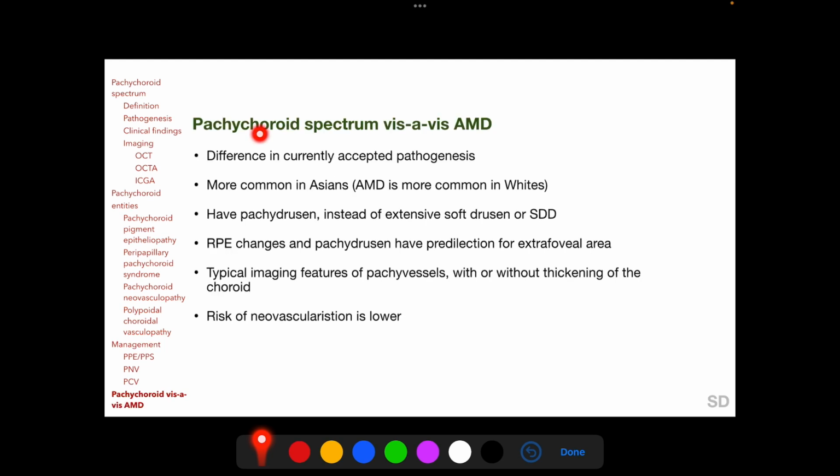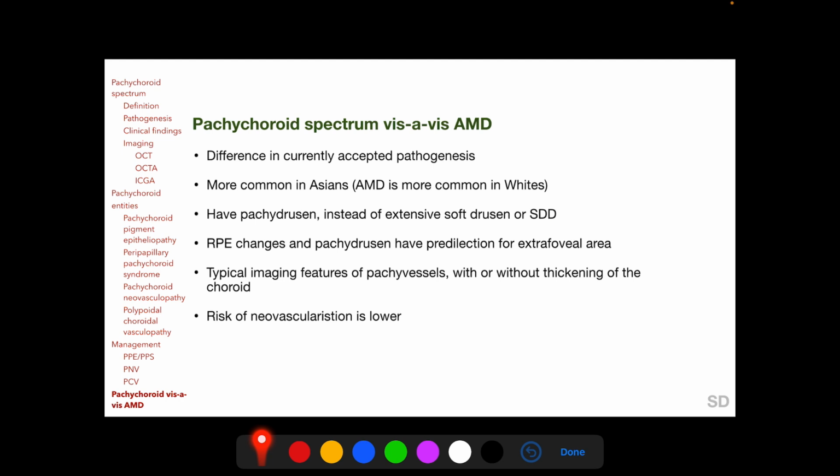If we compare pachychoroid spectrum with AMD, there is a difference in the currently accepted pathogenesis of the two entities, with pachychoroid spectrum being said to be due to choroidal congestion and AMD said to be due to diminished transfer of oxygen and nutrients from the choriocapillaries to the RPE and outer retina through the sub-RPE deposits.